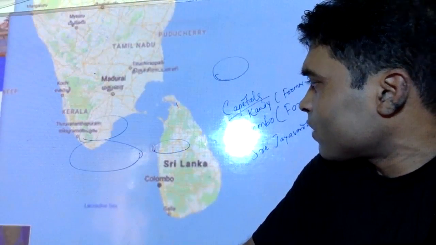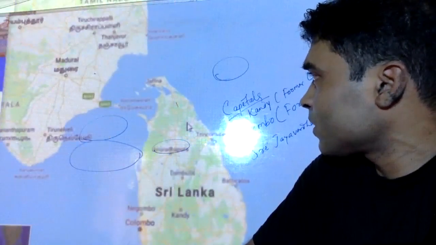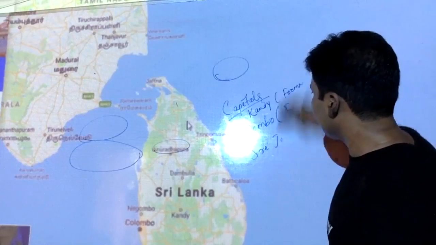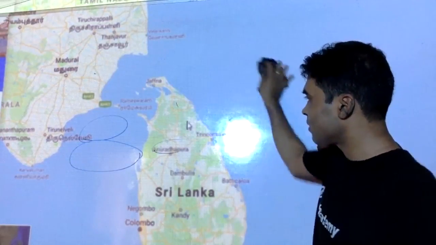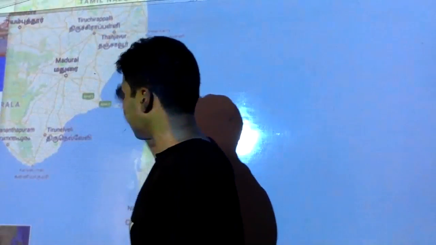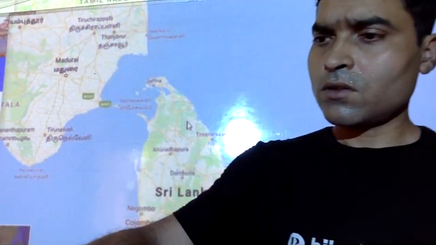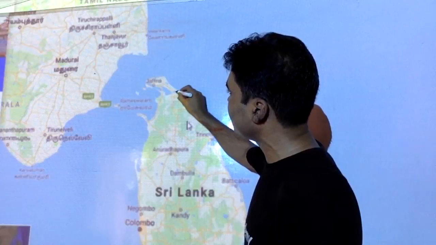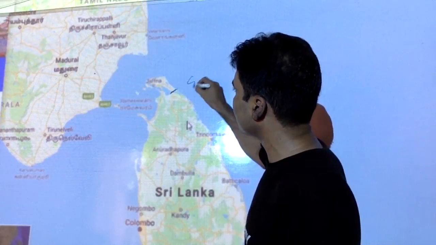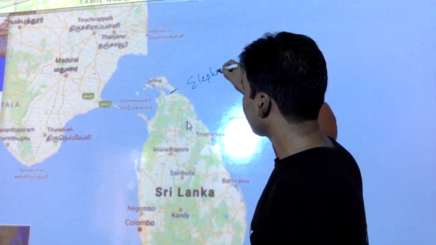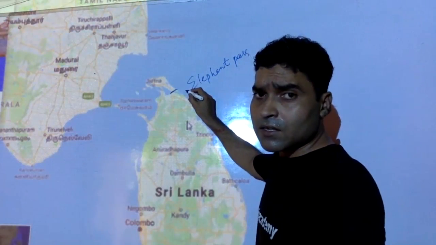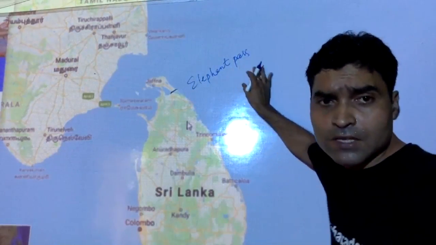Now we'll go for one important pass, Elephant Pass. What is that Elephant Pass? Actually, Elephant Pass is located here. This pass is called Elephant Pass. What is the work of Elephant Pass?